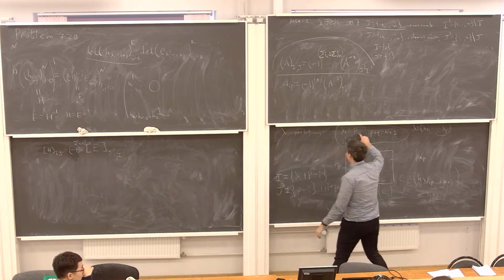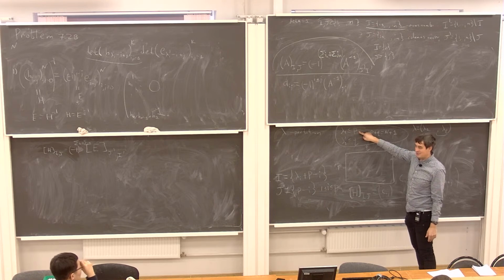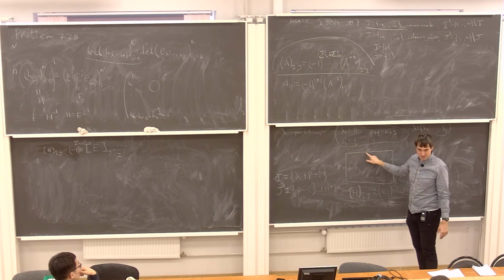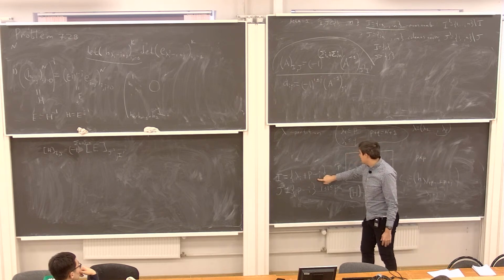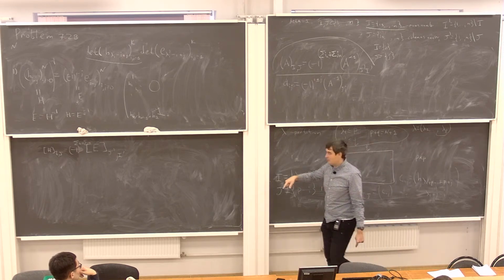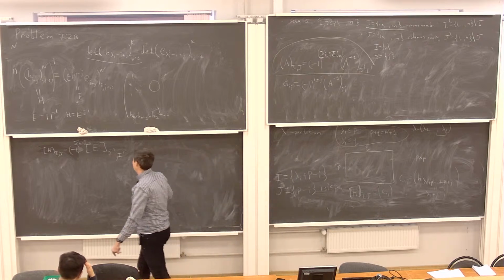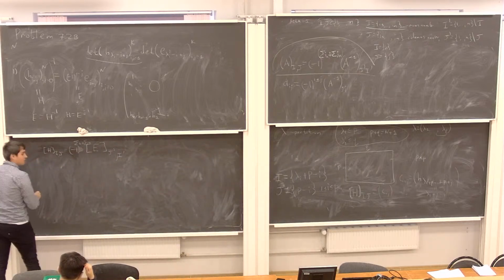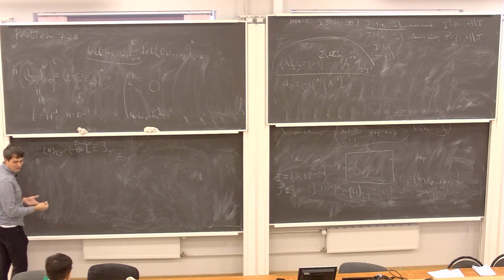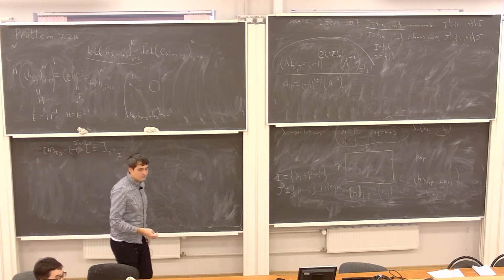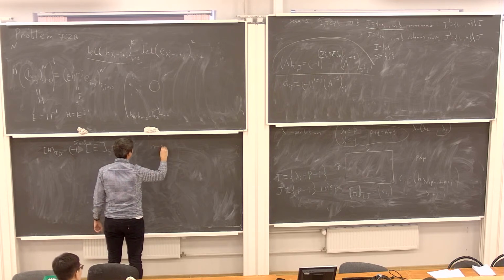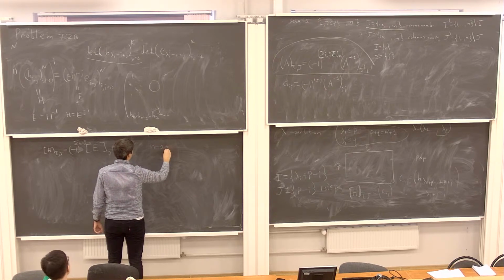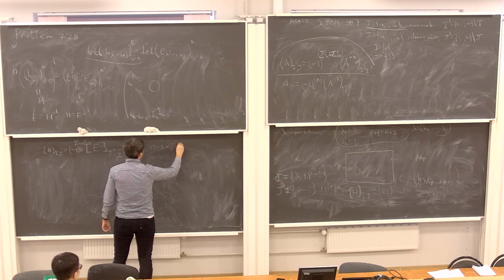If you have some Young diagram in a rectangle P times Q, then these numbers plus some other numbers, can you say the exact form of them? It's like n minus 1 plus j minus lambda_j prime, right?